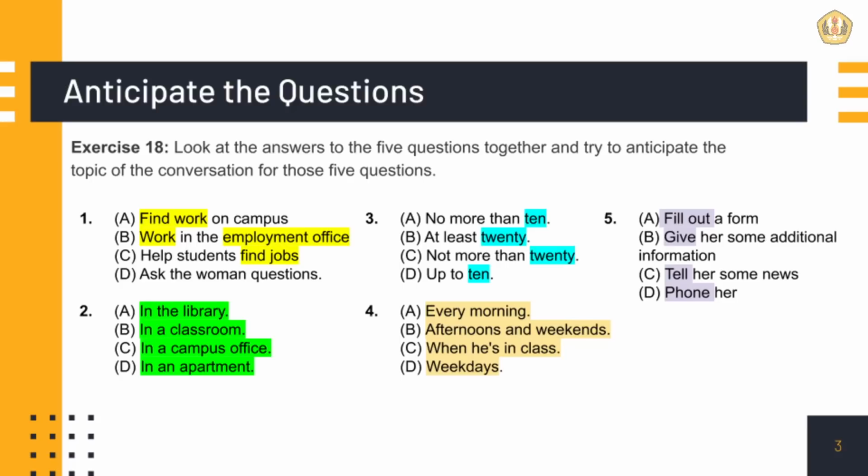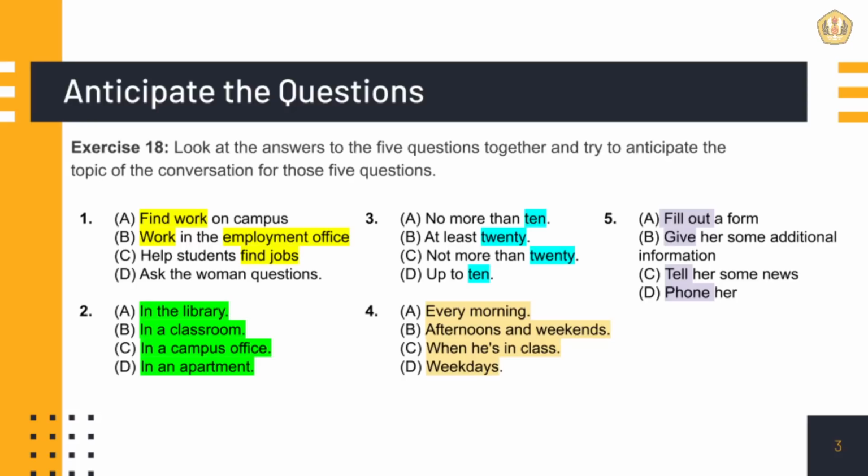So we can assume it's an action. So the correct answer here is option A, find work on campus.